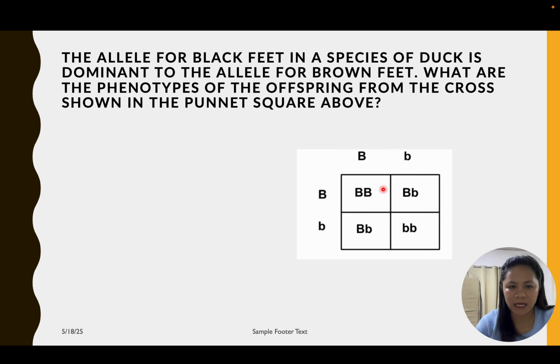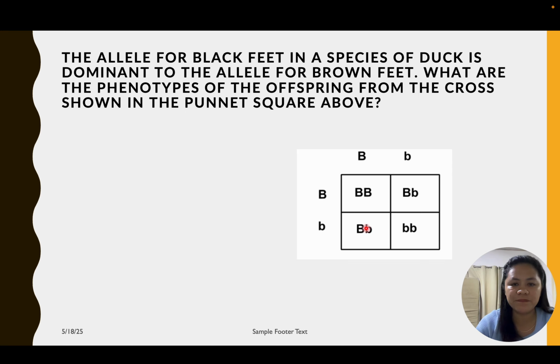As what you can see here, given na yung Punnett square, all you have to do is to analyze the phenotype of this cross. Yan, puro heterozygous yung mga parents. And the resulting offspring is one homozygous dominant for black feet, and two heterozygous for black feet as well, and one homozygous recessive.